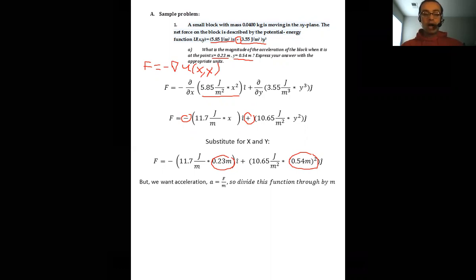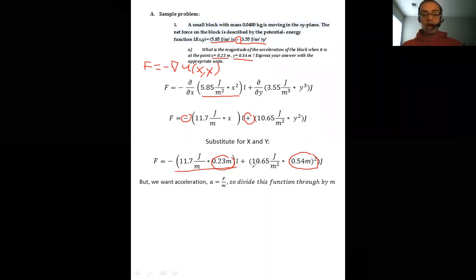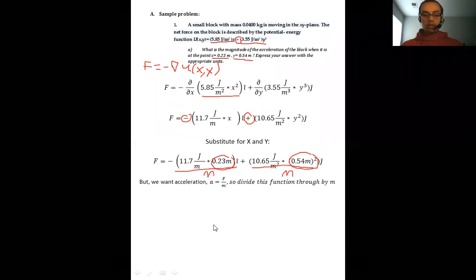So you can divide both i-hat and j-hat by the mass. So you just divide through by m here. You're given that the mass is 0.04 kilograms. So that goes on the bottom here.